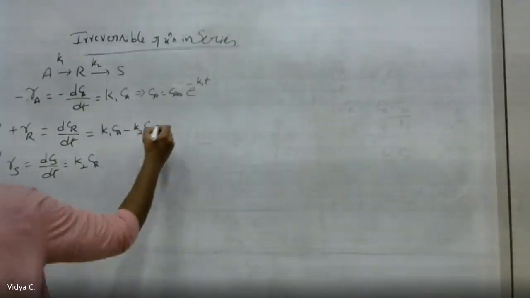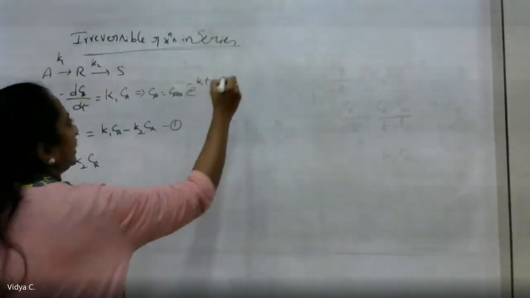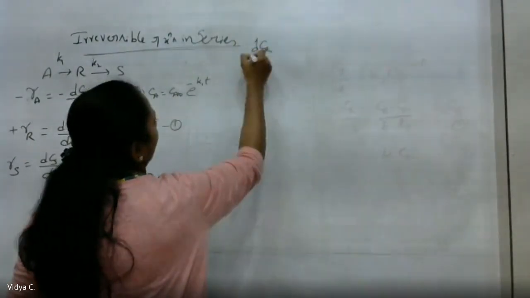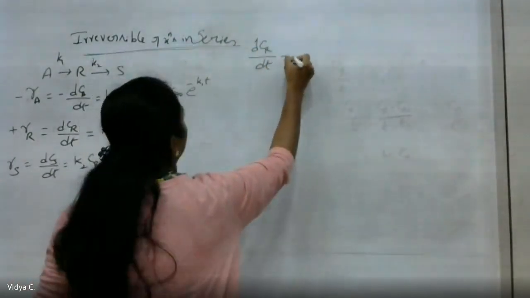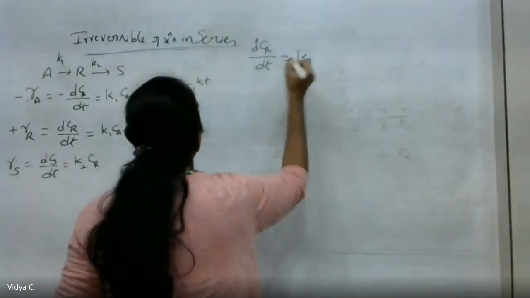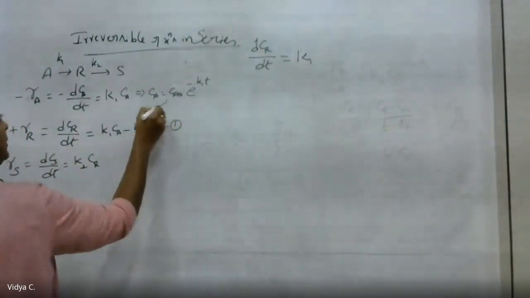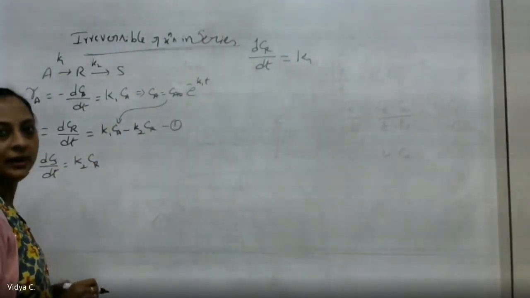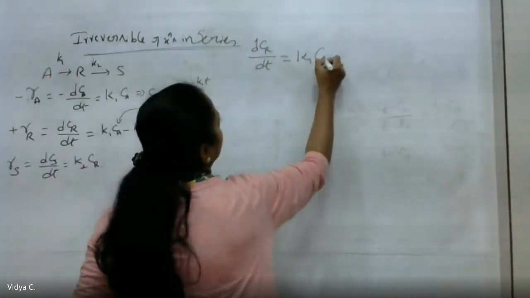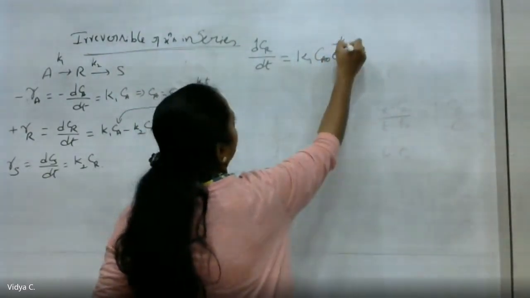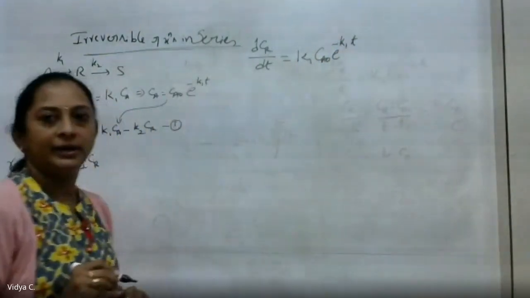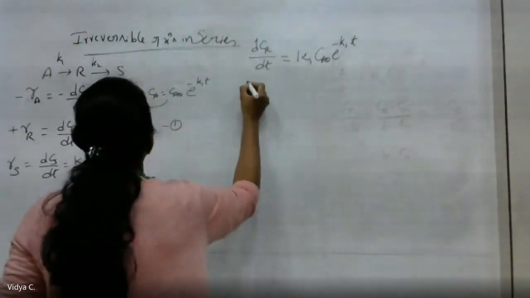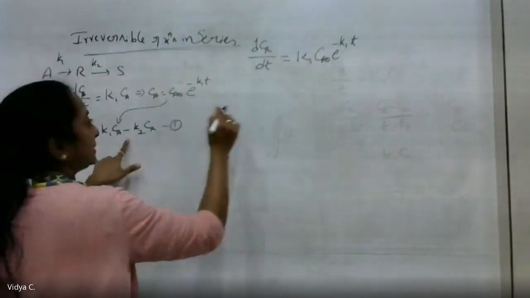So these are the terms. Now I take this equation 1, and let me solve for it. dCr by dt will be equal to K1, and I'll substitute for CA from this, as CA naught e to the power of minus K1 t, so K1 CA naught e to the power of minus K1 t, minus K2 CR.